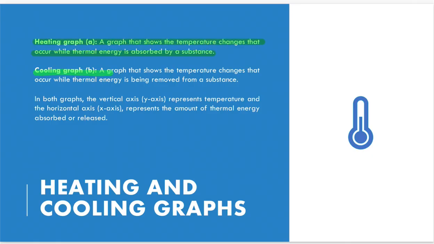And a cooling graph is a graph that shows the temperature changes that occur when thermal energy is being removed from a substance. In both graphs, the vertical axis, the y-axis, represents temperature, and the horizontal or x-axis represents the amount of thermal energy absorbed or released.